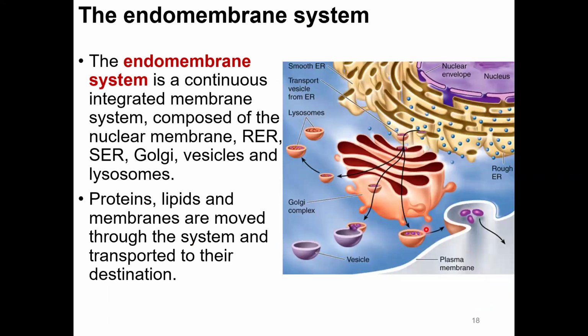The endomembrane system is a continuous, integrated system composed of the nuclear membrane, the rough ER, the smooth ER, the Golgi vesicles, and the lysosomes. Proteins, lipids, and membranes are all moved through the system and transported to their destinations, so they all move around to get everything where it is supposed to be.